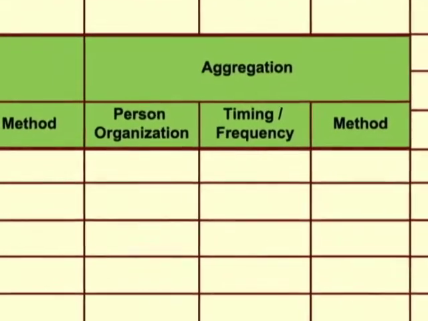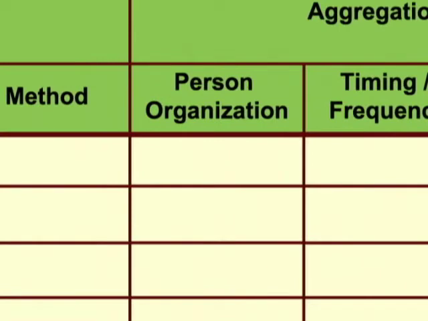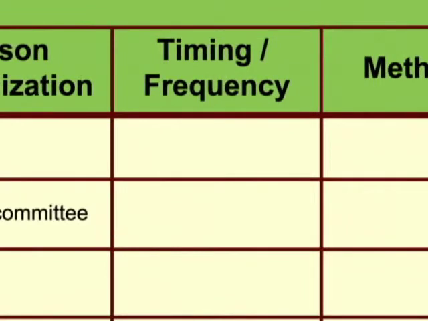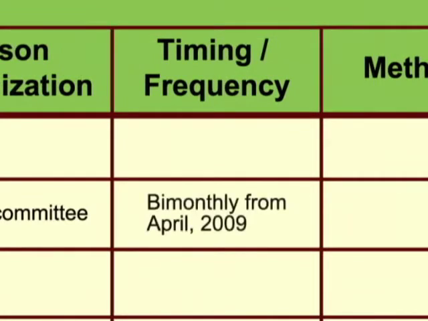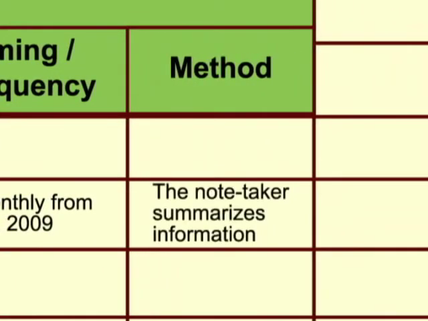First, the cell for person or organization is filled in, describing who aggregates and processes the collected information. Here, let us state that the note-taker of the village committee will do the work. As for timing and frequency, it is recommended to aggregate bi-monthly from April 2009. Then, the method will be that the note-taker summarizes information.